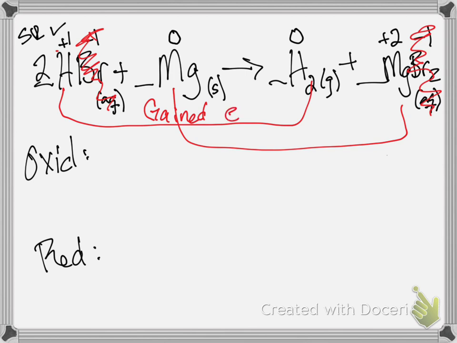Just one electron. All right. Then magnesium goes from 0 to +2. So did it gain electrons or lose electrons to become more positive? It lost electrons, it lost negative things to become more positive. So here it lost, I'm going to put 2 electrons.